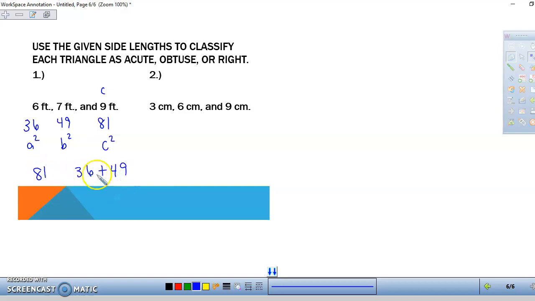So c squared and then a squared plus b squared, you have to decide is equal, greater than, or less than. Well, 36 plus the 49 is what? 85? That seem right? Yes. So it's 85. So 81 is less than 85. So this particular one would be acute.